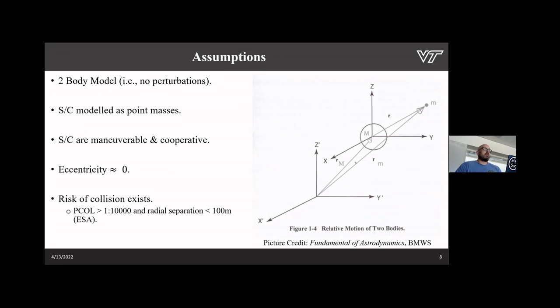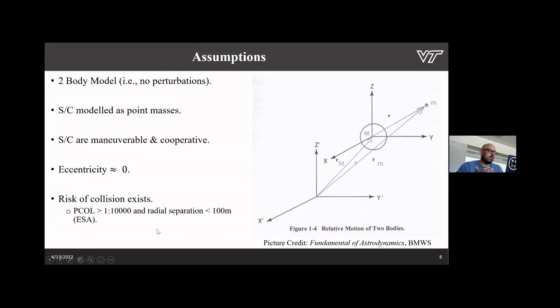And I'm assuming the eccentricity of the orbits that the satellites are in is zero or near circular. That's important as I simulate this, because I want to use the Hill-Clohessy-Wiltshire equations of relative motion. That's the key assumption for those equations.